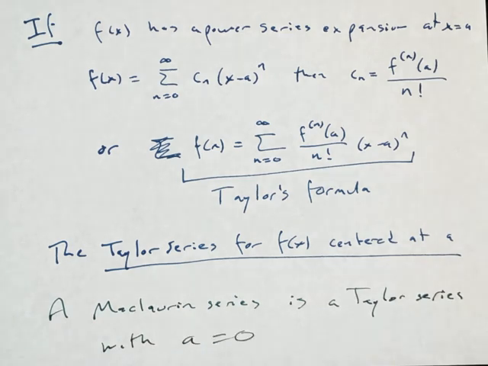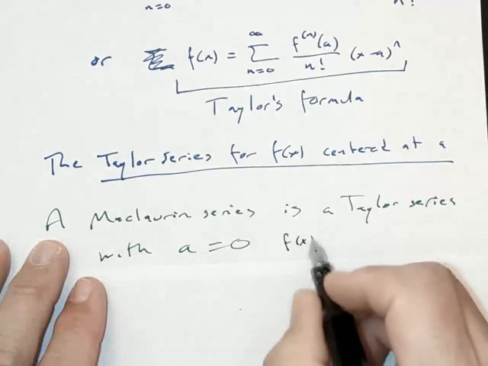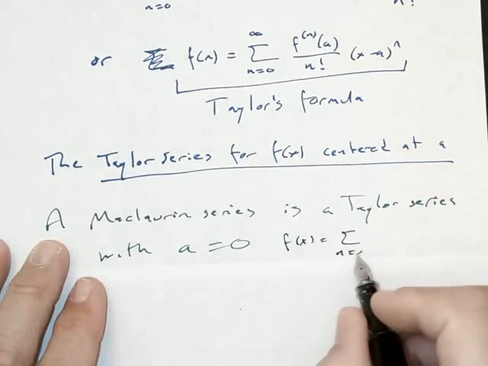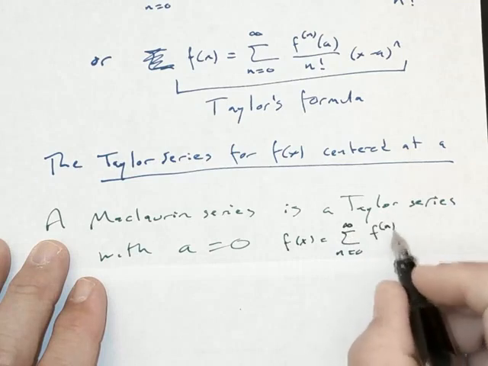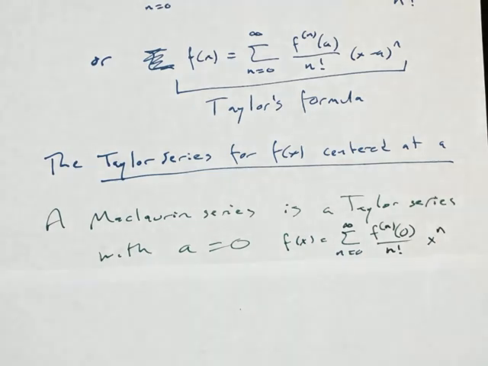If that a value is 0, then the only thing that changes is the number in here and the number subtracted. So Taylor and Maclaurin actually worked on these ideas at the same time, and Taylor's work generalized Maclaurin's work to lots of other spots.